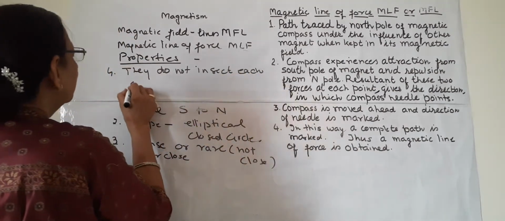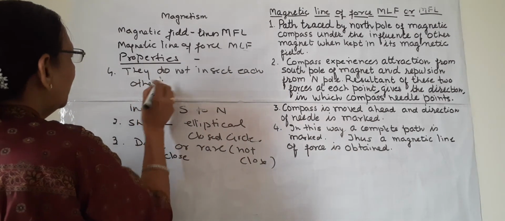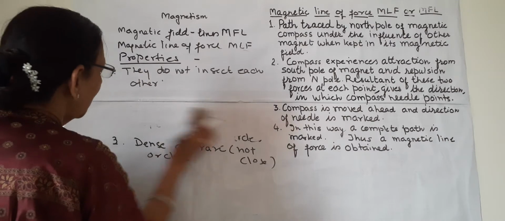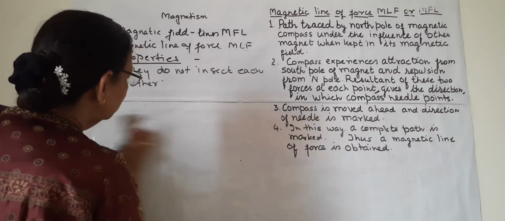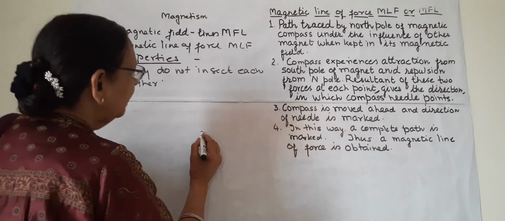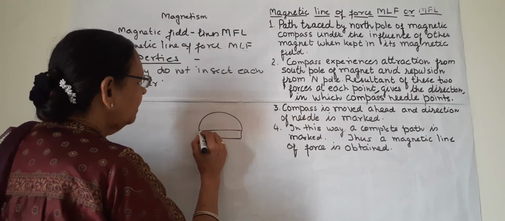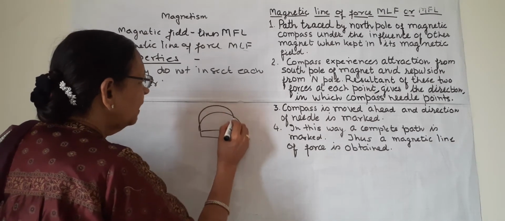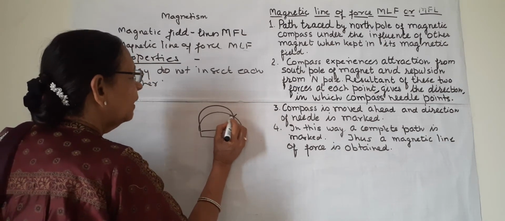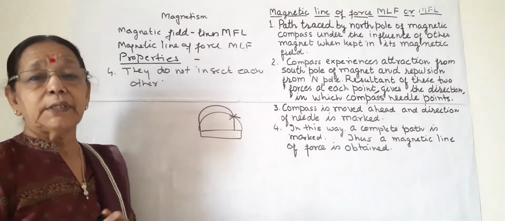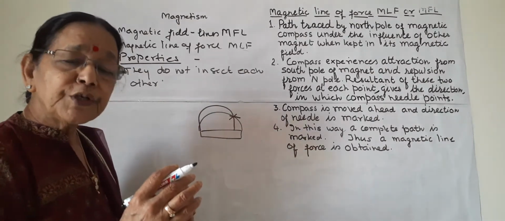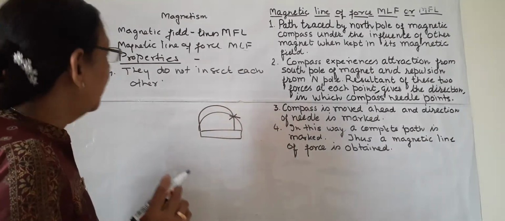Why do they not intersect? Suppose this line is this, and we cannot make a line like this. They cannot intersect each other. They can be close to each other, but they are quite separate.